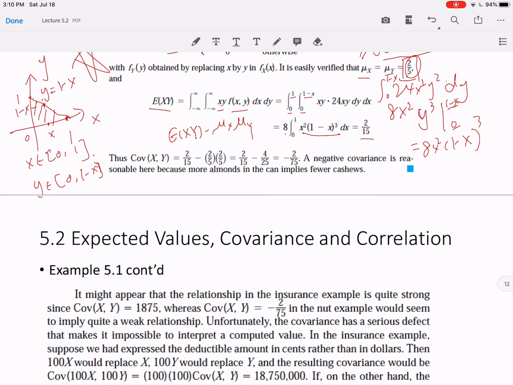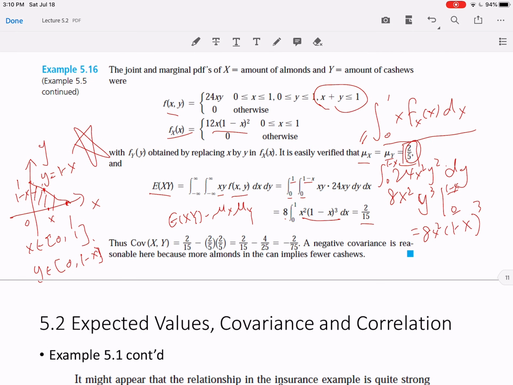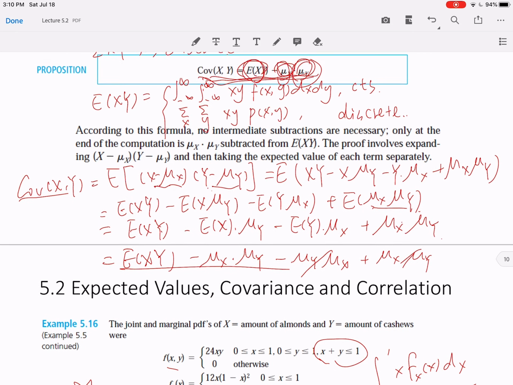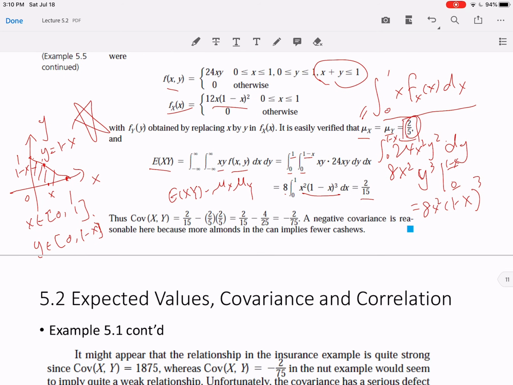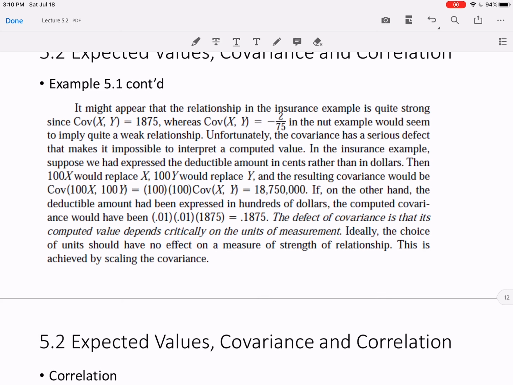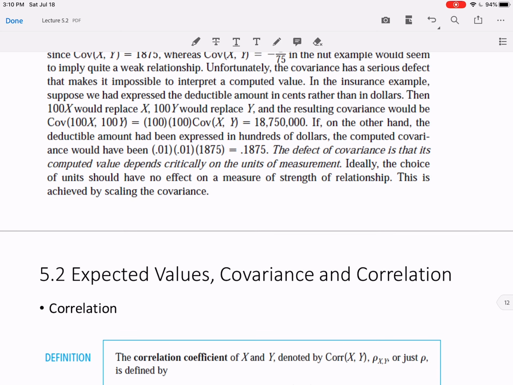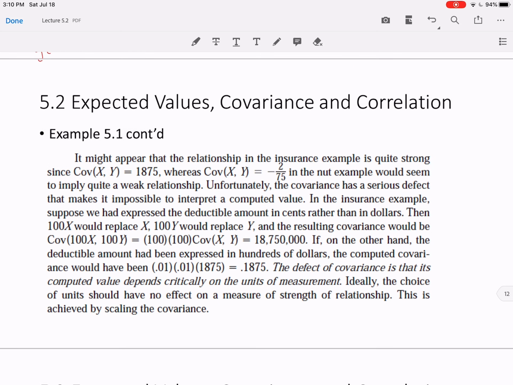Once we know the proposition or the formula we went over up here, the calculation part is quite easy. Now let's take a look at the statement over here.